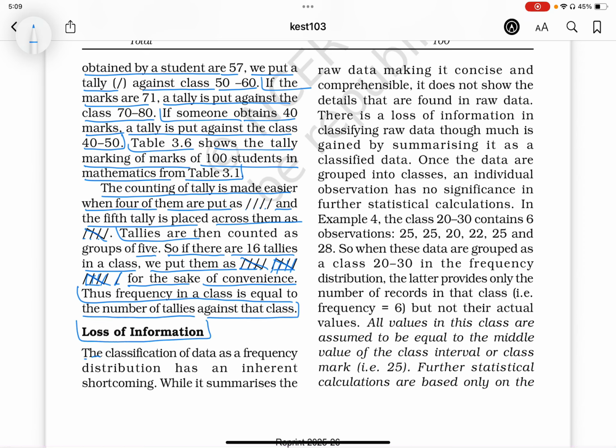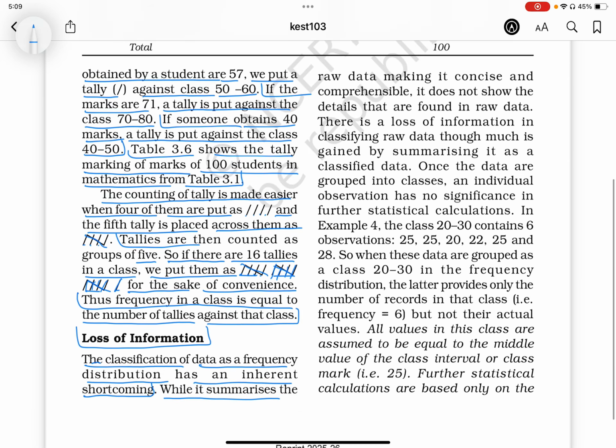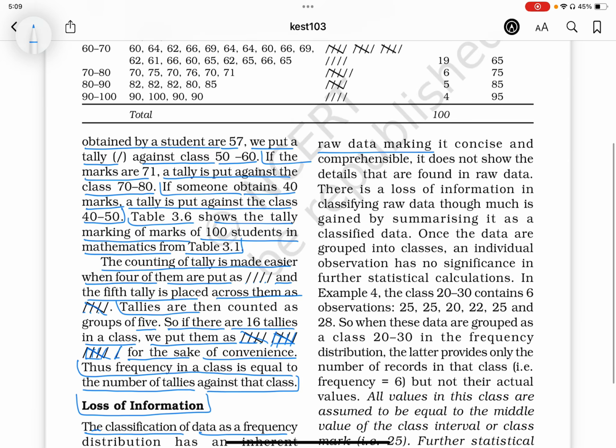Loss of information. The classification of data as a frequency distribution has an inherent shortcoming. While it summarizes the raw data, making it concise and comprehensible, it does not show the details that are found in raw data. There is a loss of information in classifying raw data, though much is gained by summarizing it.